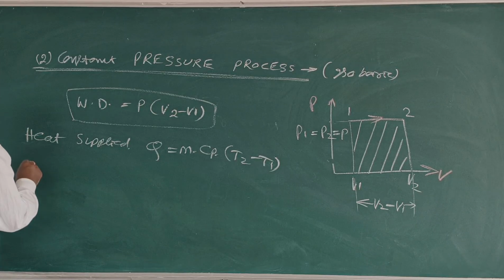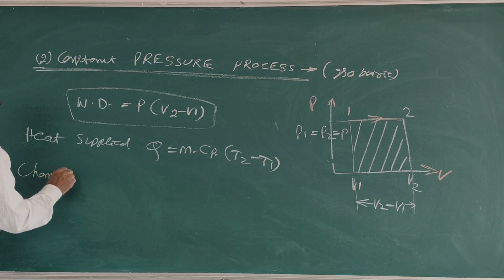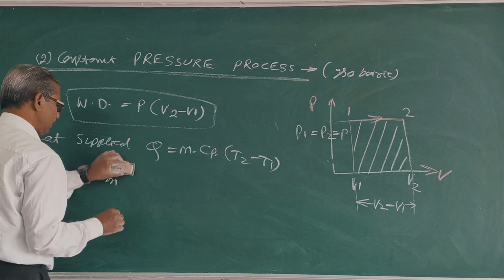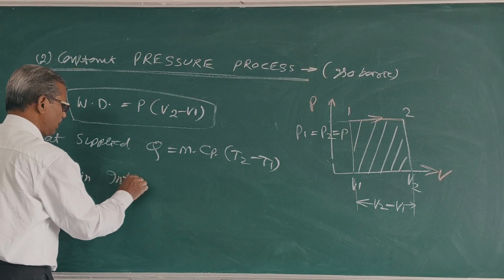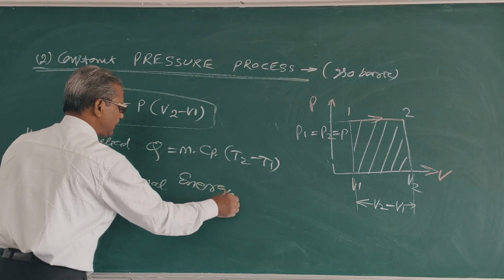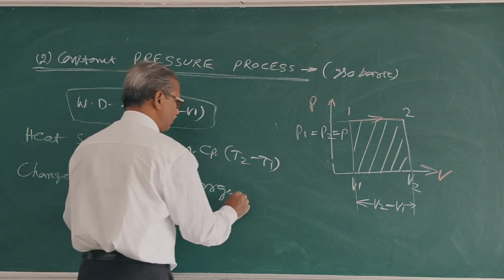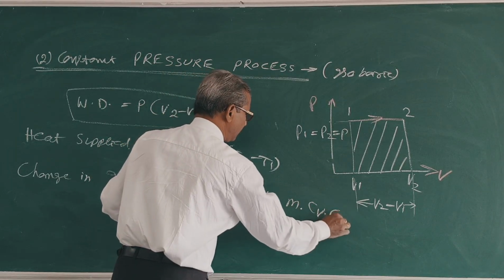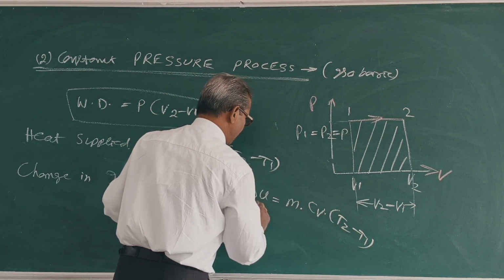Change in internal energy, delta U, is equal to m Cv (T2 minus T1).